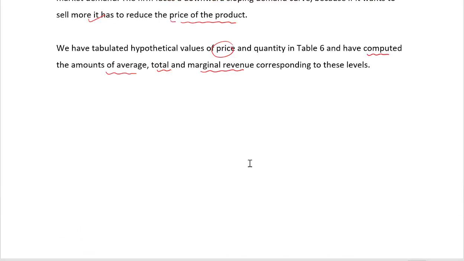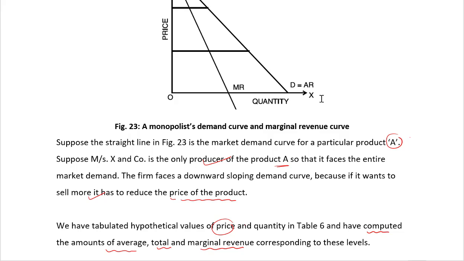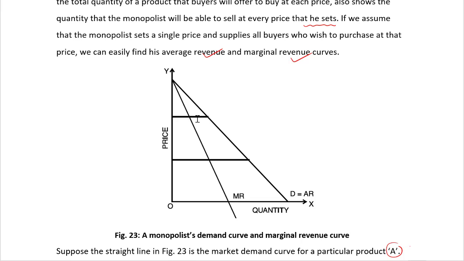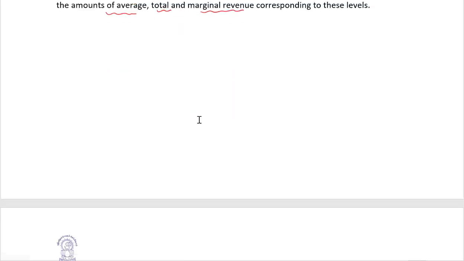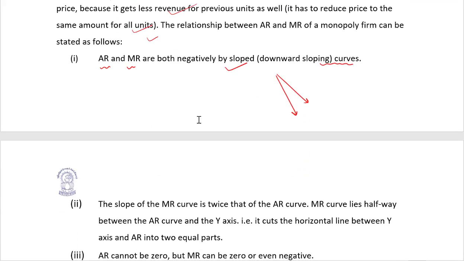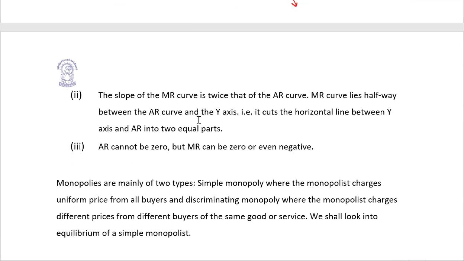See the diagram. Second, the slope of MR is twice that of AR. The slope of MR is twice that of AR.